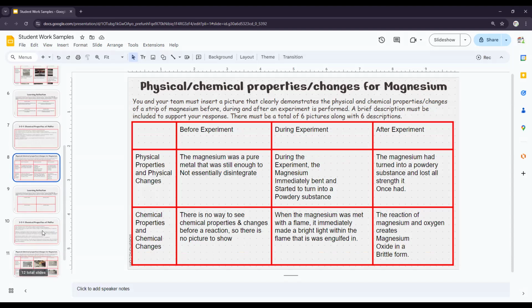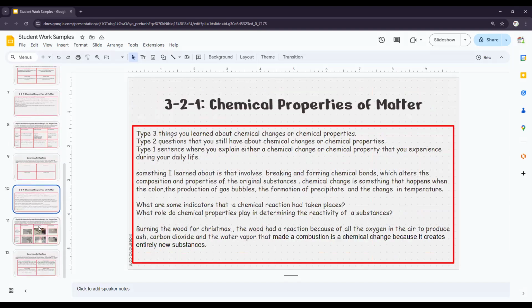And my senior, if you read the responses that she typed, you can tell that she spent some time doing research because she's talking about the forming and breaking of chemical bonds, the formation of a precipitate, production of gas bubbles, the burning of wood, carbon dioxide.